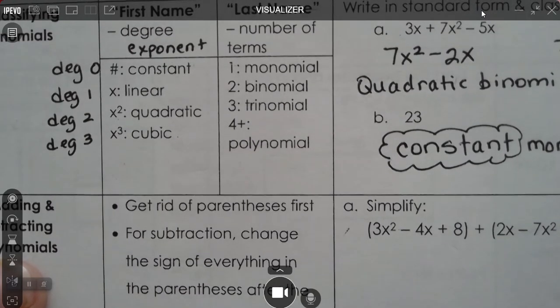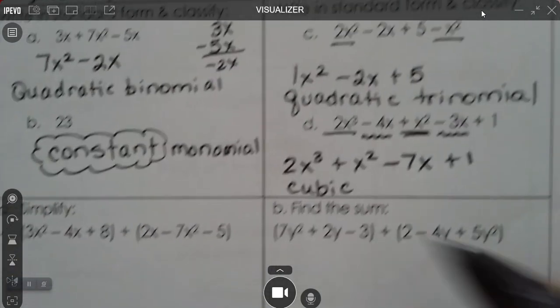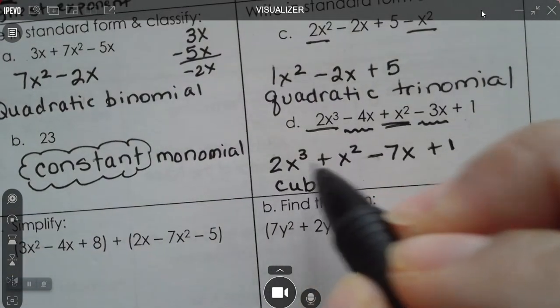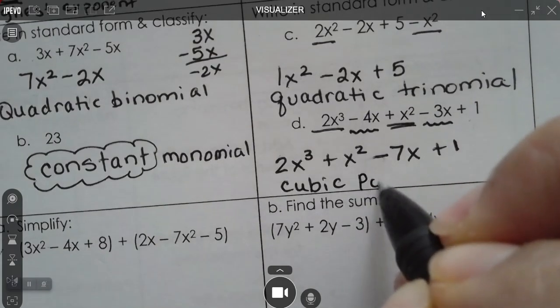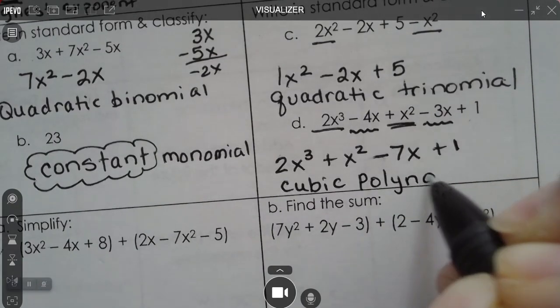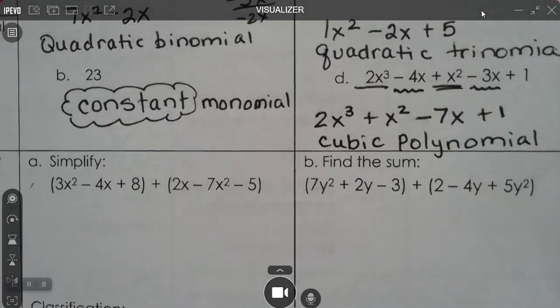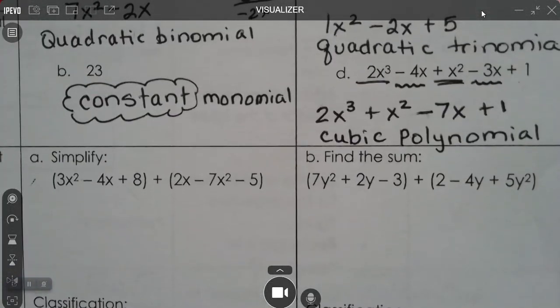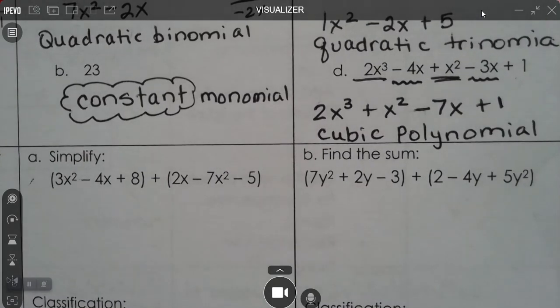Cubic. And what's the second name? It has 1, 2, 3, 4 terms. So it's going to be a polynomial. Right? Is it coming back to you guys?